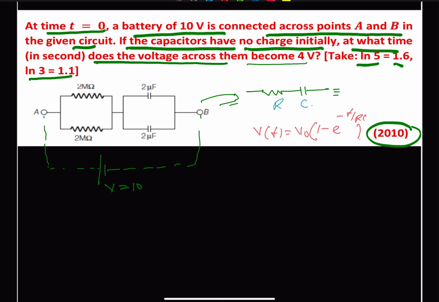We want the voltage across the capacitor at any time t to be equal to 4 volt.